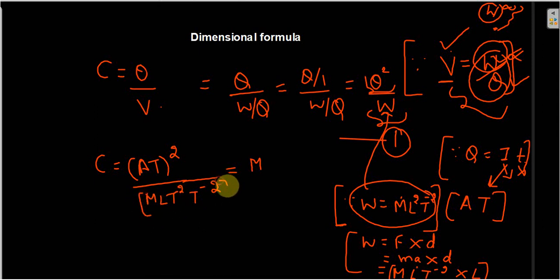This bracket is required for dimension analysis. So M is raised to power minus 1, here L square, so M minus 1 L square, and this one is T square.